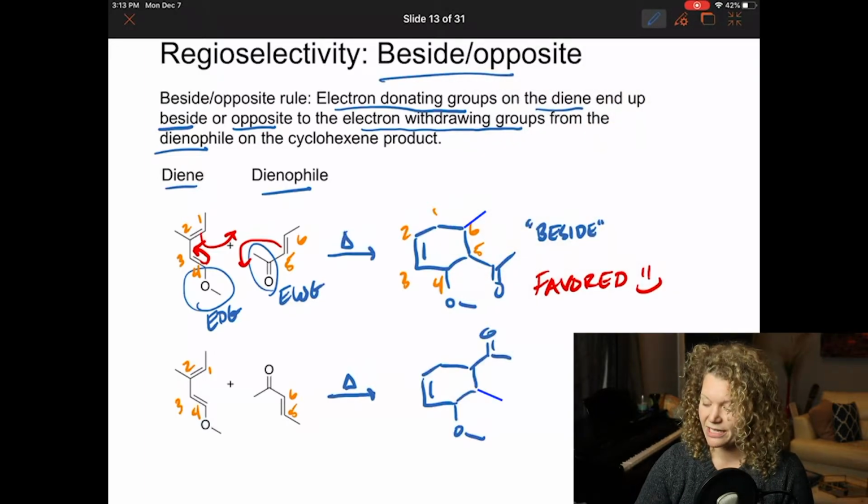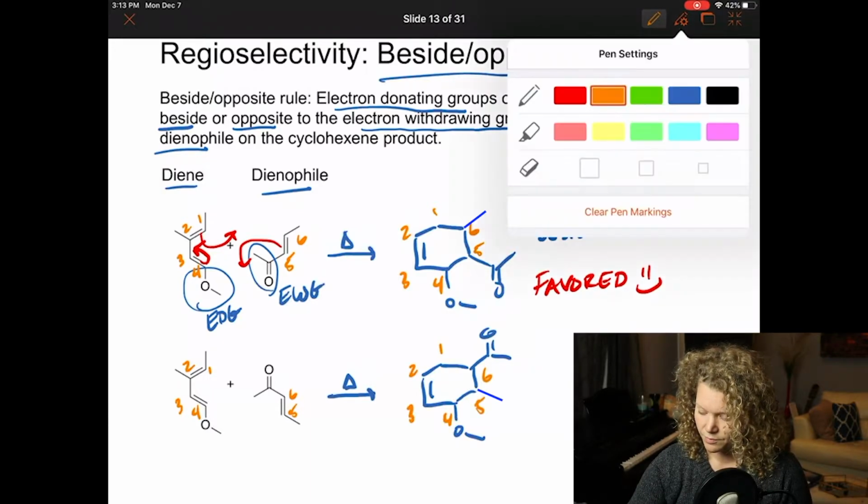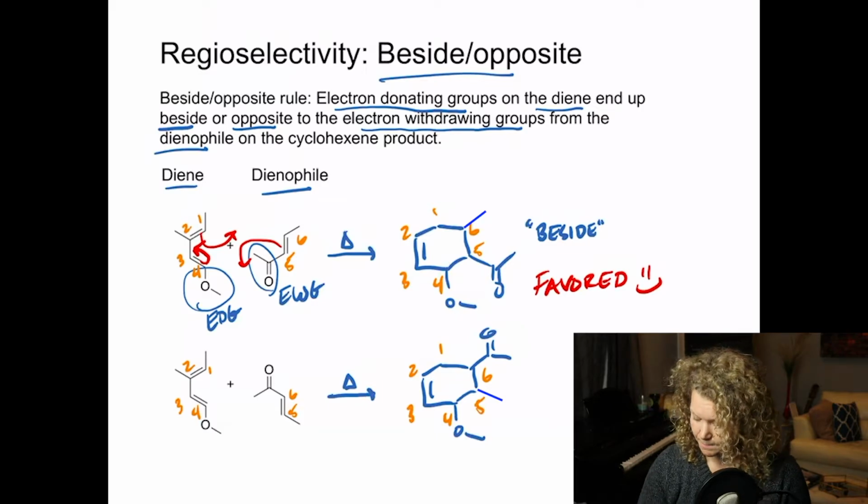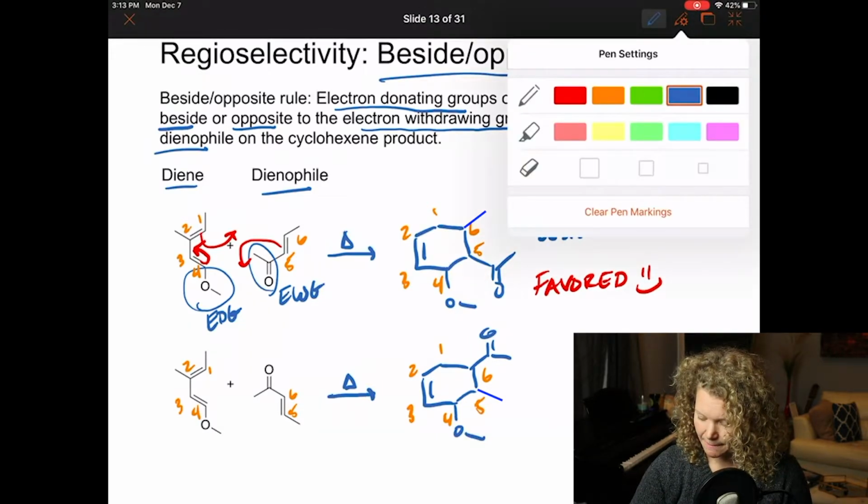That puts our ketone here if we draw the product based on how it's drawn here. This ketone is neither right beside or directly opposite. This would be disfavored because of that.